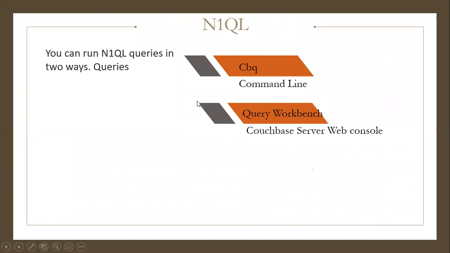And then as I was discussing the queries, this is provided by Couchbase. There are two types, CBQ and the query workbench. So in these two ways you can execute the N1QL queries. One is the query workbench, which is in the Couchbase server web console.